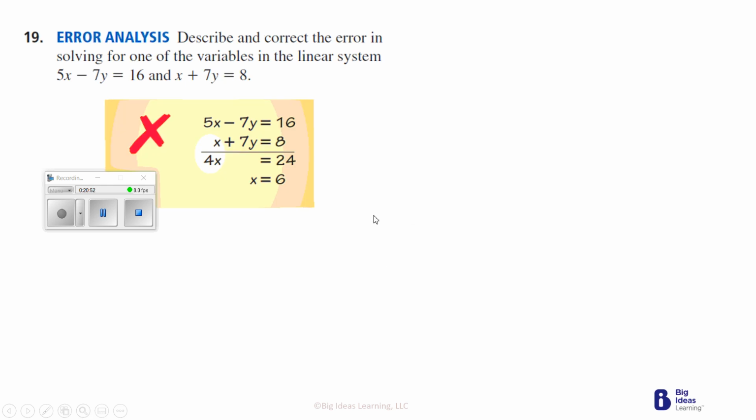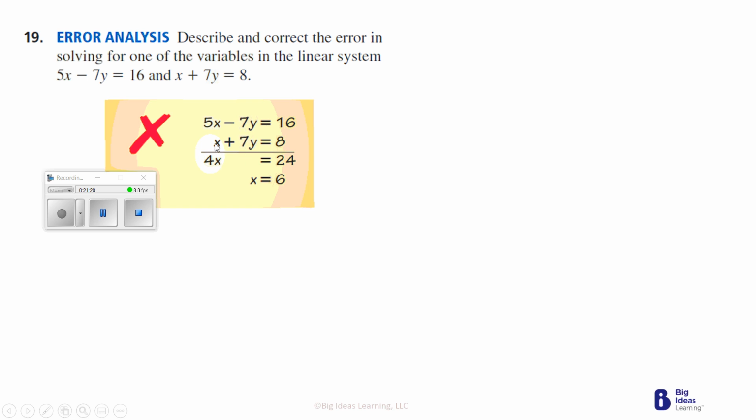Number 19 says, describe and correct the error in solving one of the variables in the linear system. So right here, they put 5X minus 7Y equals 16. That's what they got here. They got X plus 7Y equals 8. So far, they wrote everything correctly. And they said that 5X, okay, well, because we have 7Y and negative 7Y, they're already eliminated.